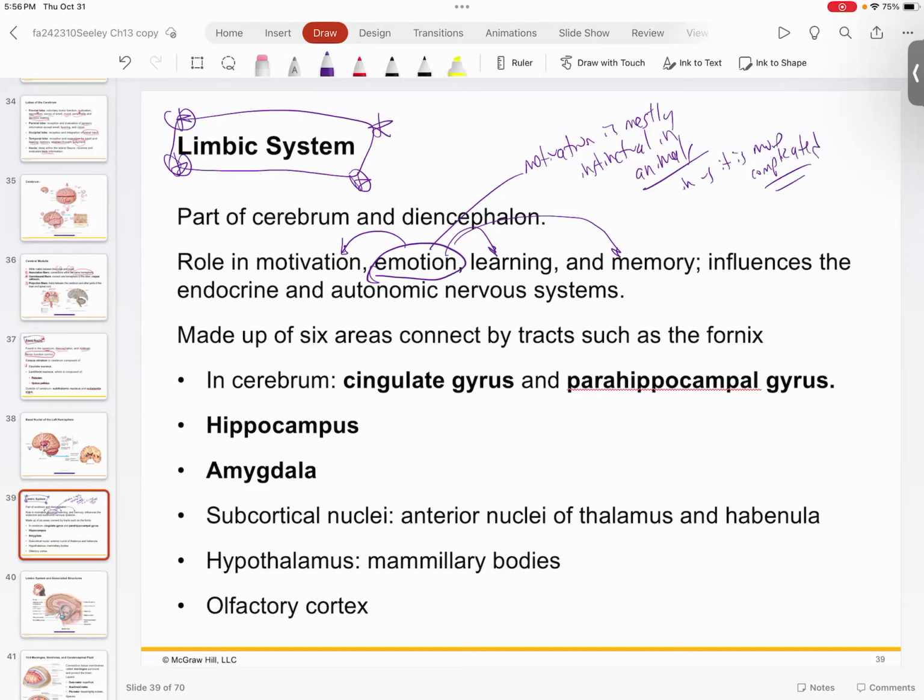So, for instance, when we do something, it's oftentimes driven by our emotions. When an animal does something, it's oftentimes driven by their instinct. And so that creates a lot more complexity in the human condition. It also accentuates learning. The reason why we are masters at learning is because we link our emotions to our learning.